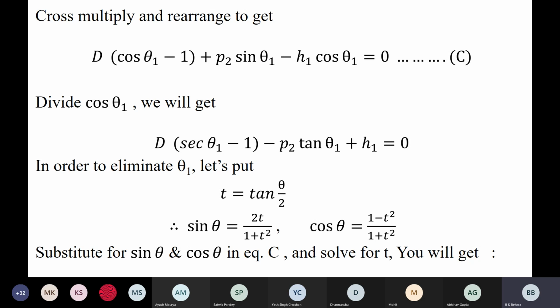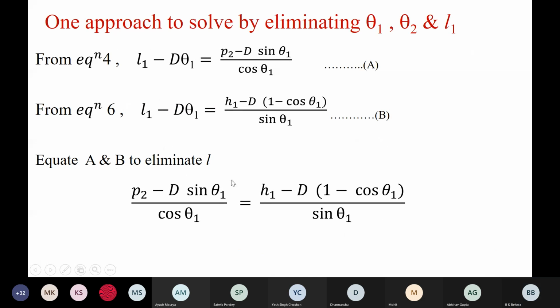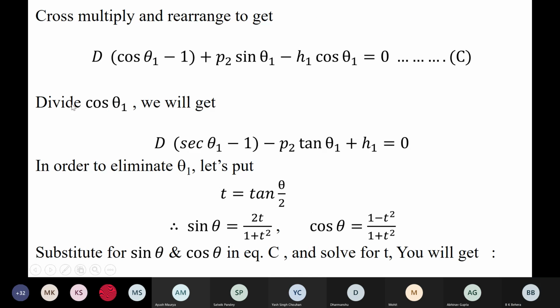Then go for further processing. Simplify these equations. Divide, it is just written from this equation. Cross multiply and find out. Divide cos theta both sides. You will get this.